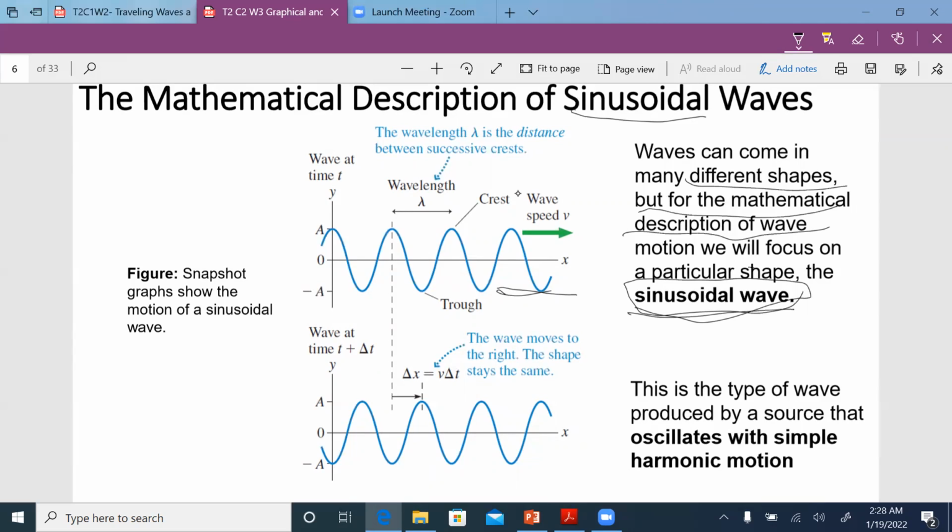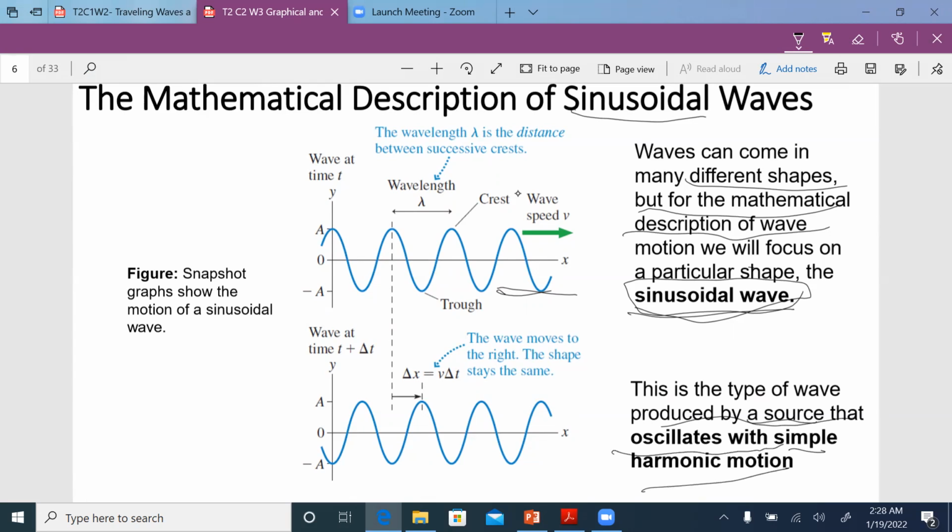Whenever we say sinusoidal wave, when we looked at simple harmonic motion, we used the word sinusoidal to represent simple harmonic motion. So it means that this is a type of wave that is produced from oscillation with simple harmonic motion.